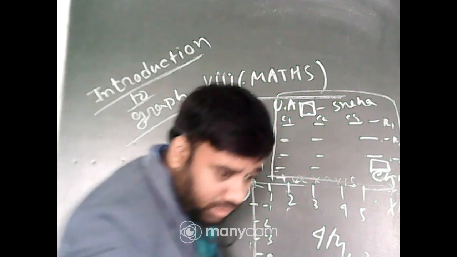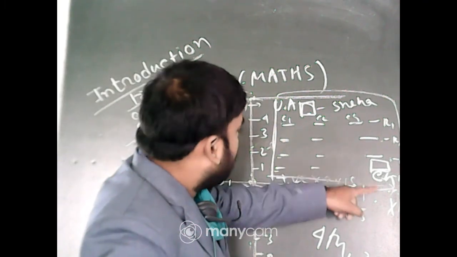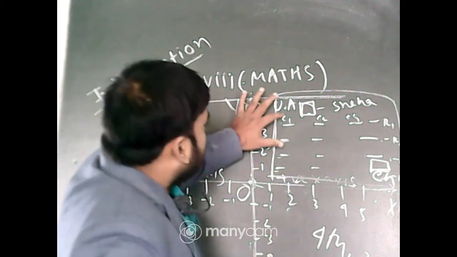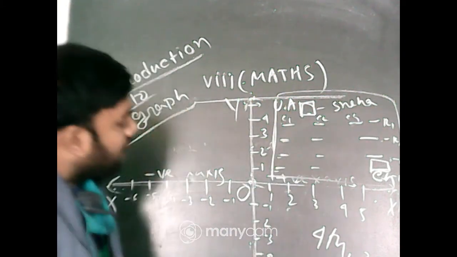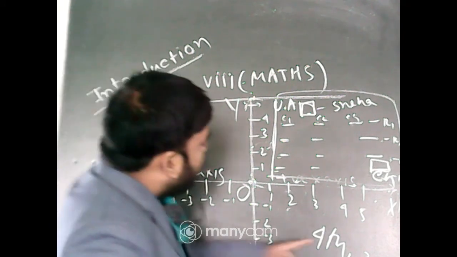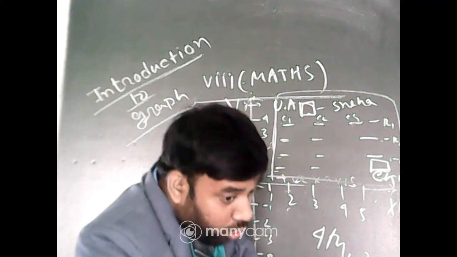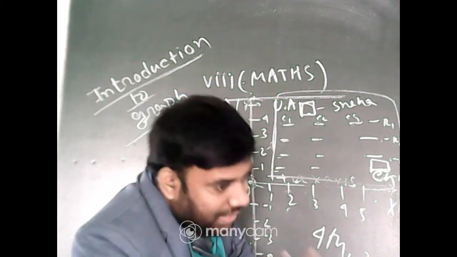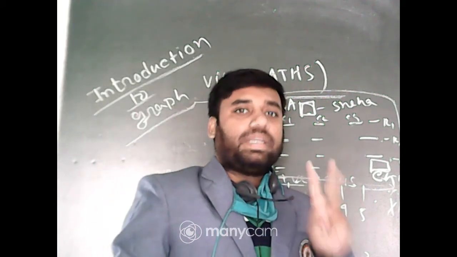Am I right? So what is the position of Chandranath? 4th row, 3rd column. Got it? So 2 things are needed to identify the position of anything in a plane.